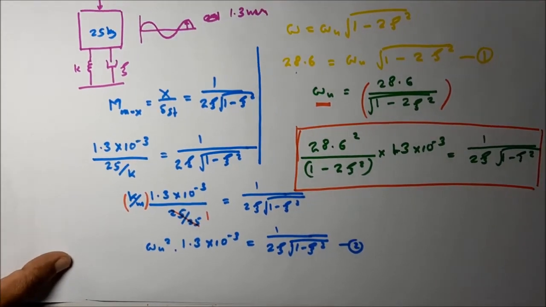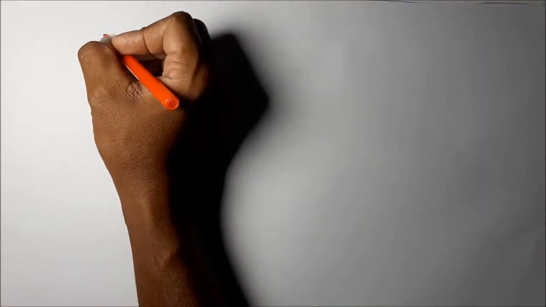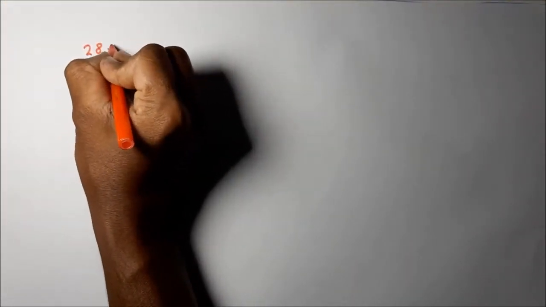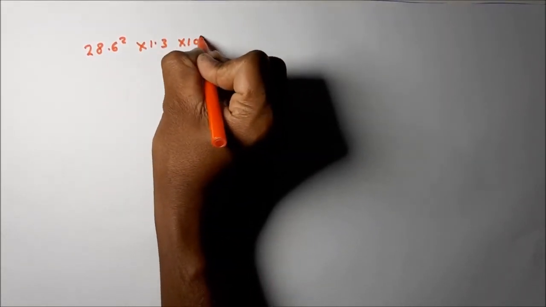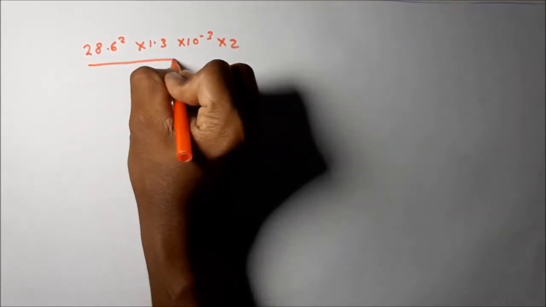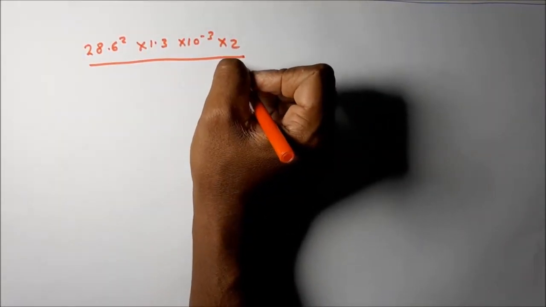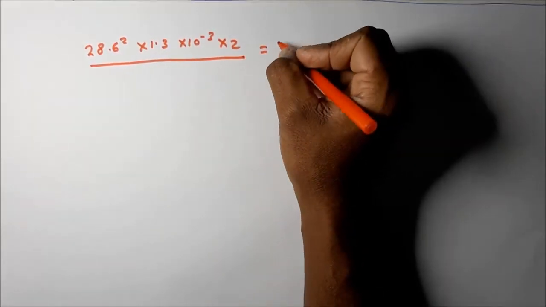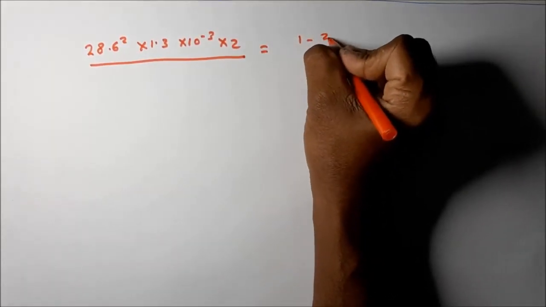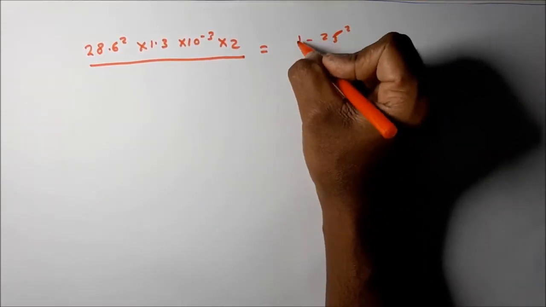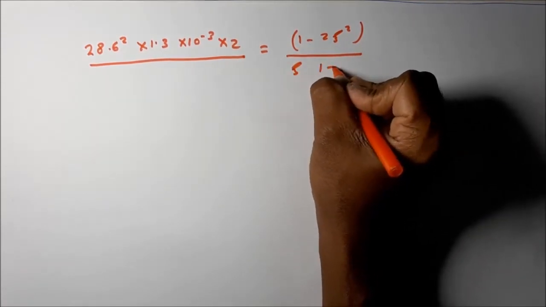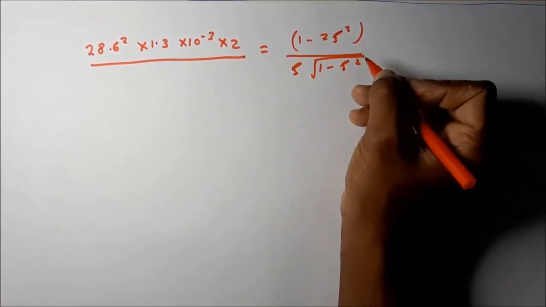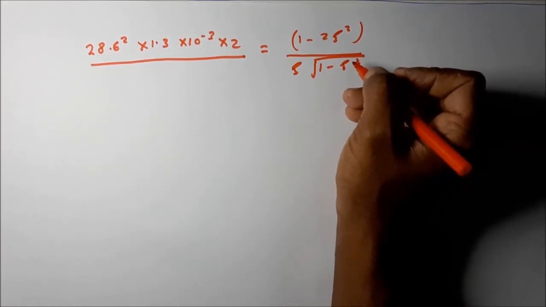Let me take this equation and simplify. I am going to take the theta terms to one side. Then we get 28.6 squared into 1.3 into 10 to the power of minus 3 into 2, divided by, all the theta terms taken to one side: 1 minus 2 theta square over theta square root of 1 minus theta square.